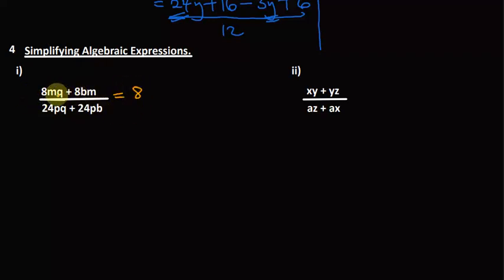The other, m, is on both sides, so m is common. 8m, open the bracket. What is remaining? q is remaining, correct? Then plus the second part, b is remaining.